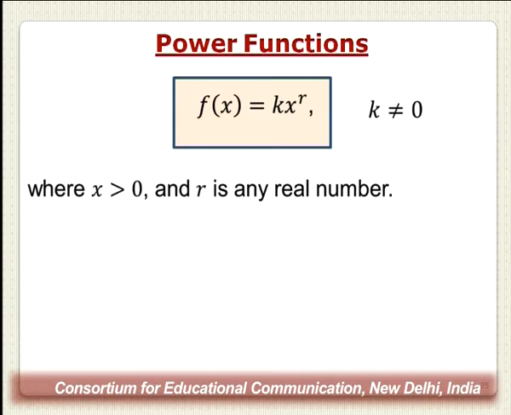If k is 0, we get f of x equal to 0. The function will just degenerate to a constant function, because if f of x is equal to 0, that's just saying that the value is a constant regardless of the value of x. So the function degenerates, and that is why we rule out k equal to 0.